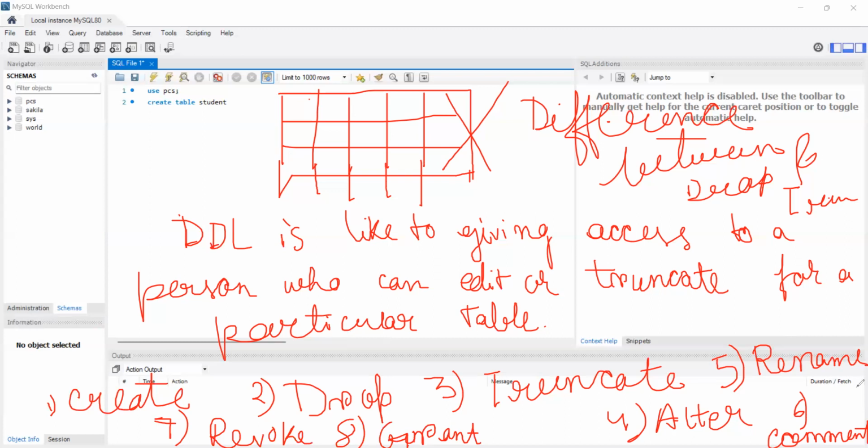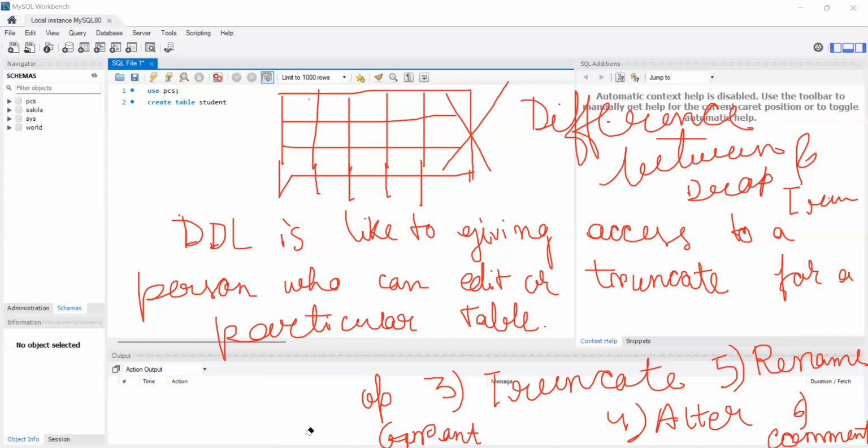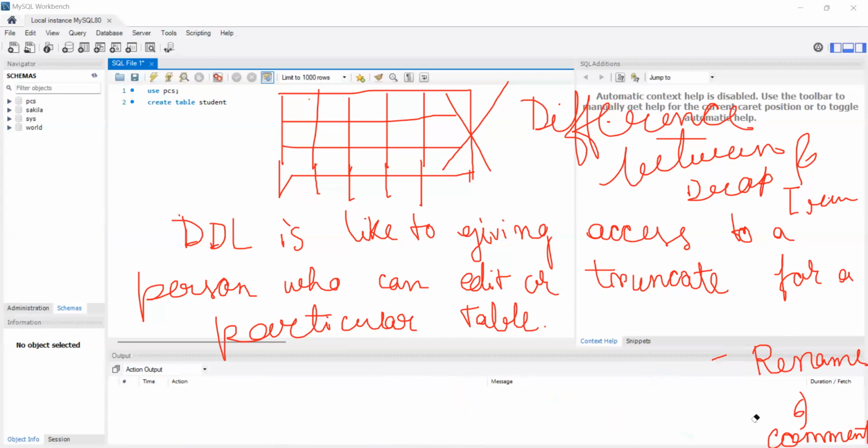So revoke, grant, audit, and analyze: are these four things added in DDL, or are they already in DCL? After checking, please message me in the chat box. Okay, now we move on to DML.